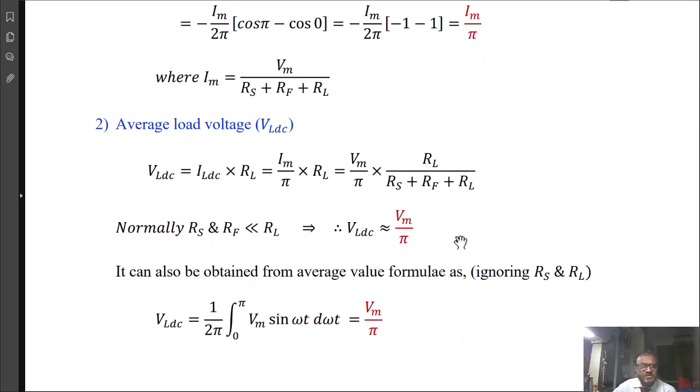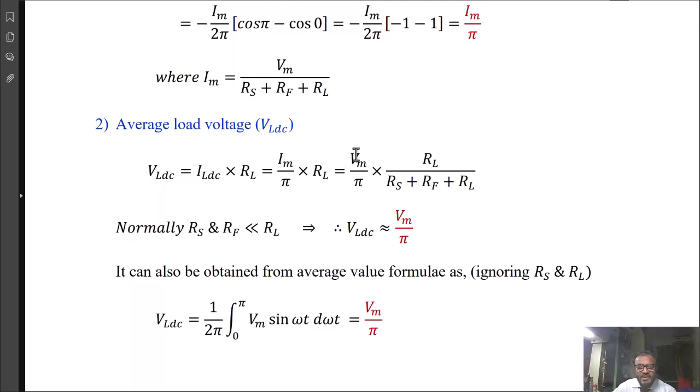Now let us find out the average load voltage denoted by VLDC. VLDC is equal to ILDC into RL. It's Ohm's law. Let us substitute the value of ILDC as we have derived it in step 1, that is Im by pi. So it is Im by pi into RL, that is equal to VLDC.